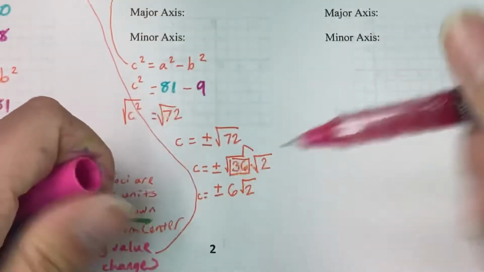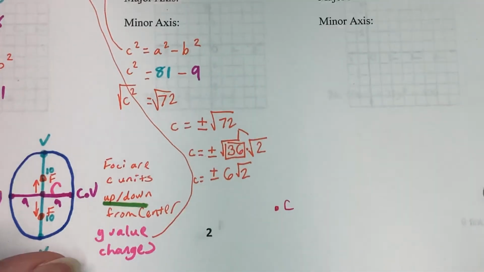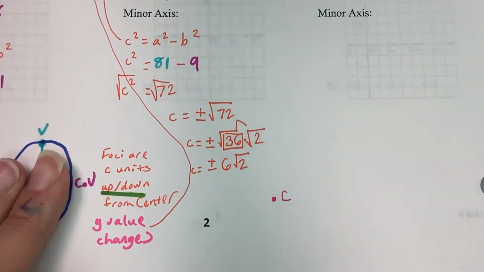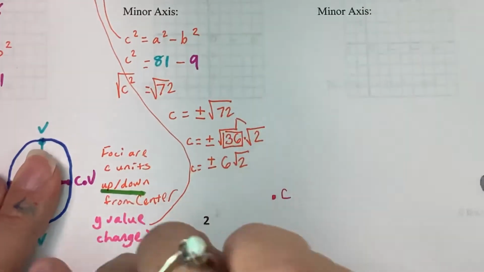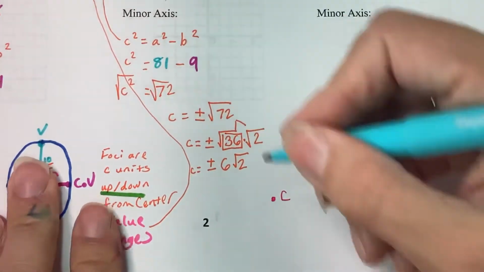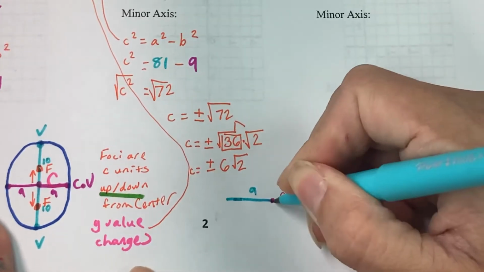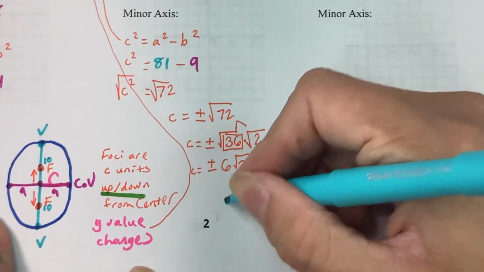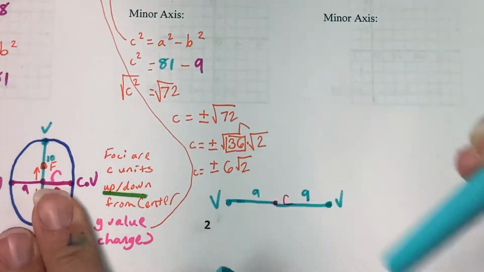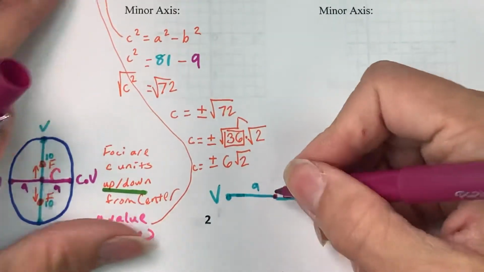My center is at -1, 4. So I'm just going to make the center right there. My major axis is horizontal, and my A is 9 units. So I'm going to move 9 units this way and 9 units that way, giving me my vertex and my vertex. Now my minor axis, since this is a horizontal ellipse, goes in the opposite direction, or vertically.